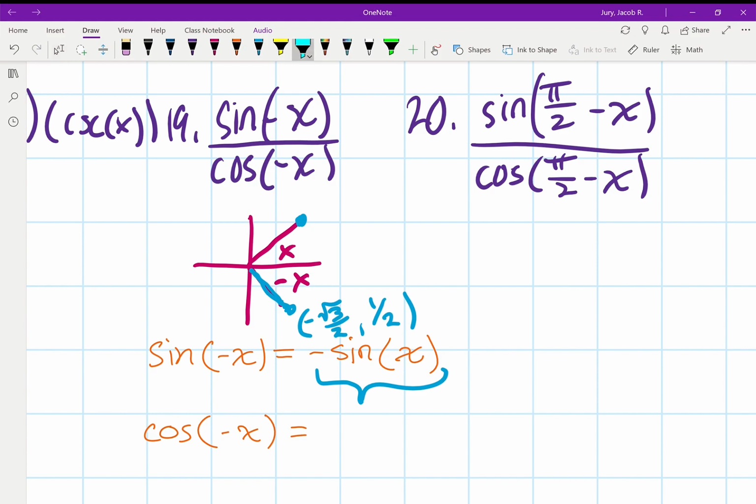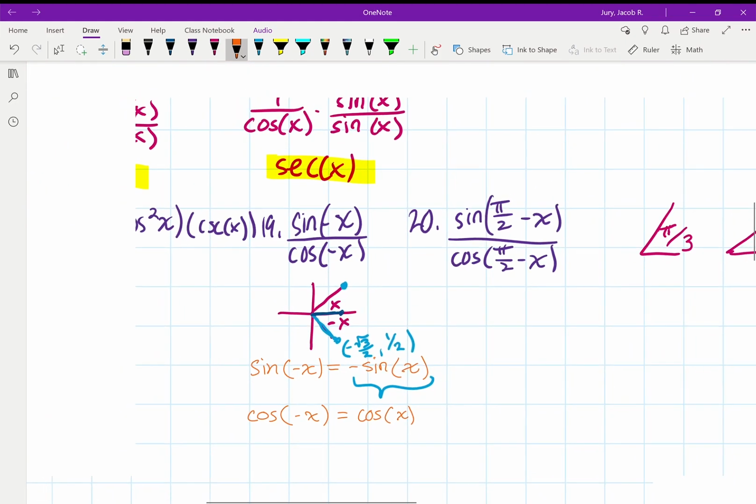So if we're only looking at the x distance along this triangle, let me use a different color here, blue, then that x distance doesn't change. So it's going to remain a positive value. Basically, cosine of negative x is the same thing as cosine of positive x.